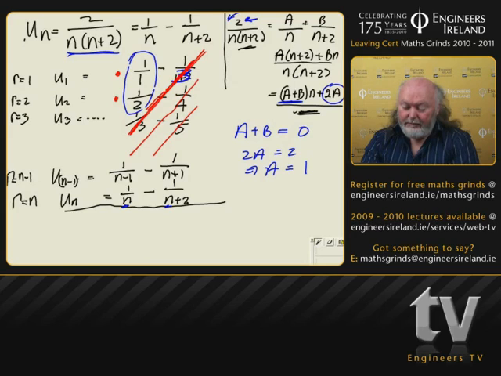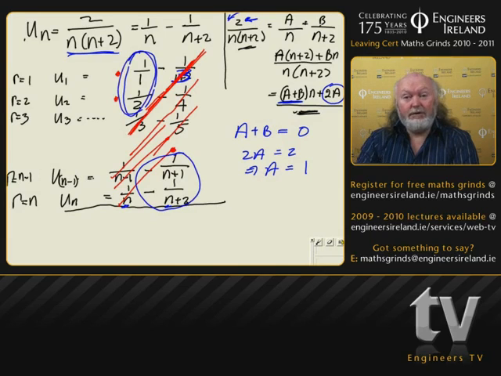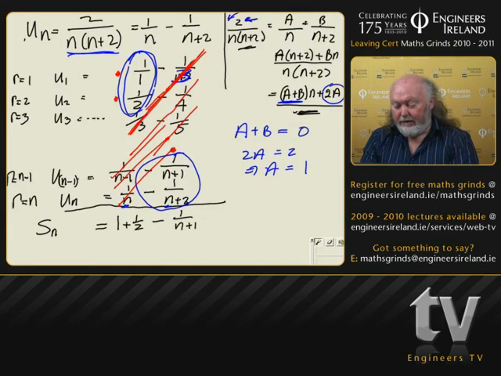We're going to find that this one here will cancel that one, and the one that was above it here will cancel that, and they'll all follow the same pattern, and we're going to be left with two numbers back here because we got left with two numbers up here. So we will say the sum Sn is going to be equal to the 1 plus a half, minus the 1 all over n plus 1, and it's also minus the 1 all over n plus 2. So that's easy.